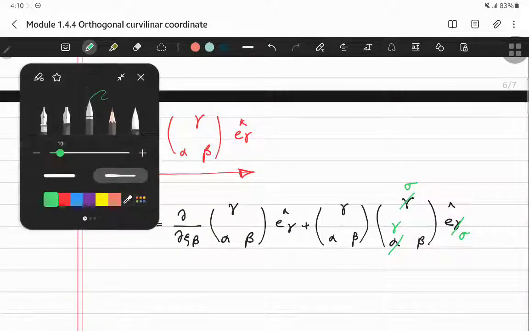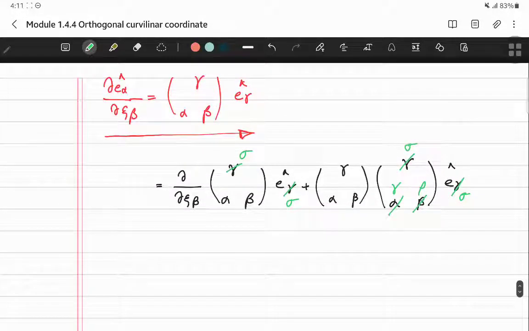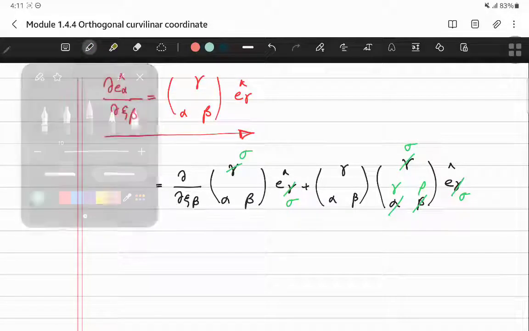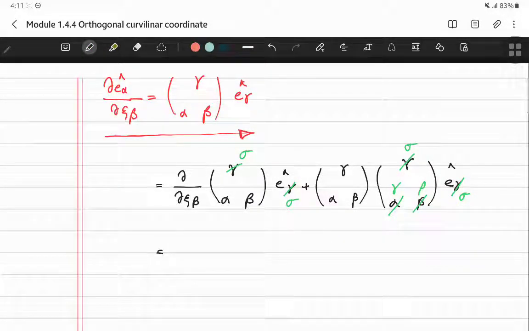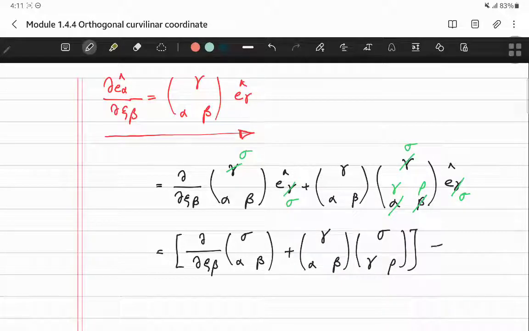This is also rho. And I can also rewrite this as sigma, and this is sigma. So finally, I get something like partial derivative of this sigma alpha beta plus gamma alpha beta sigma gamma rho E sigma.